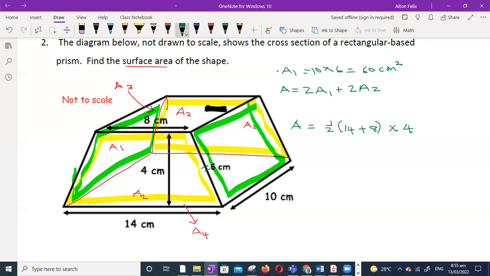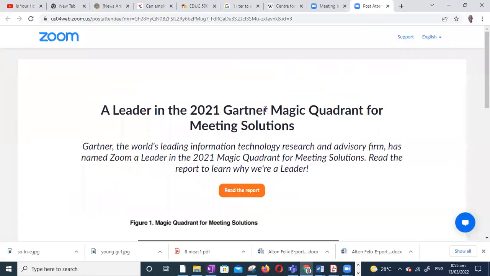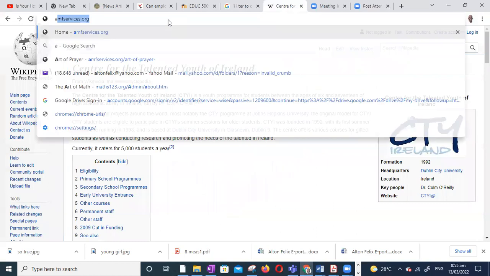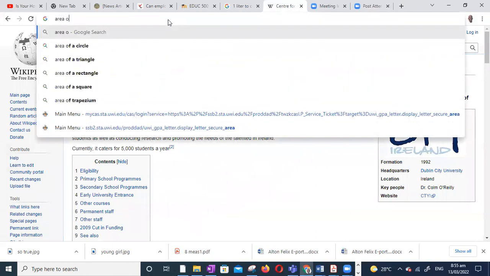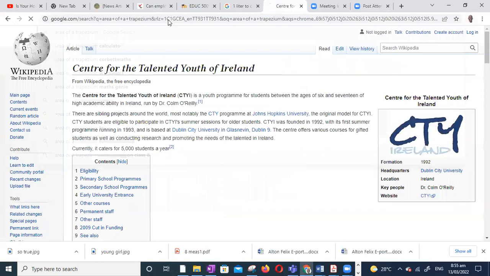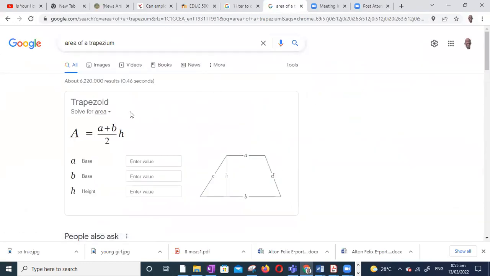Right? So just to be sure, let's double check the formula for area of a trapezium. They call it trapezoids in some cases. All right, so there you go.